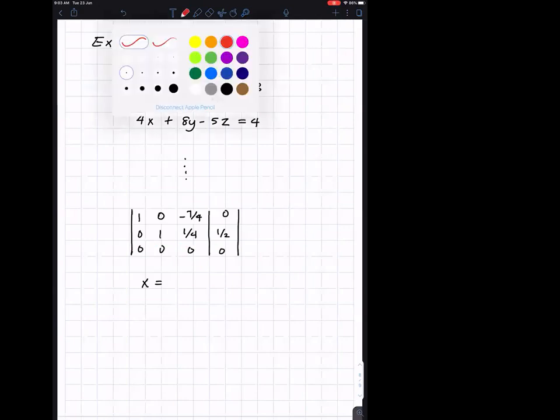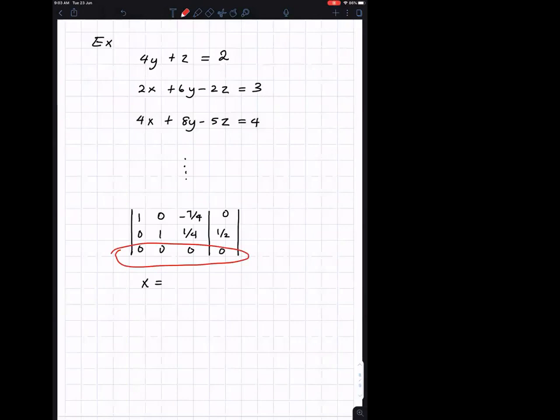Do you know what this means? When you have all zeros here, zero means don't worry about it. So you just be concerned with these two.